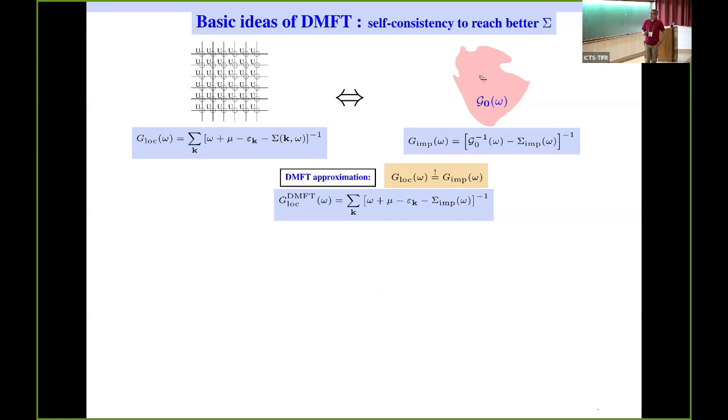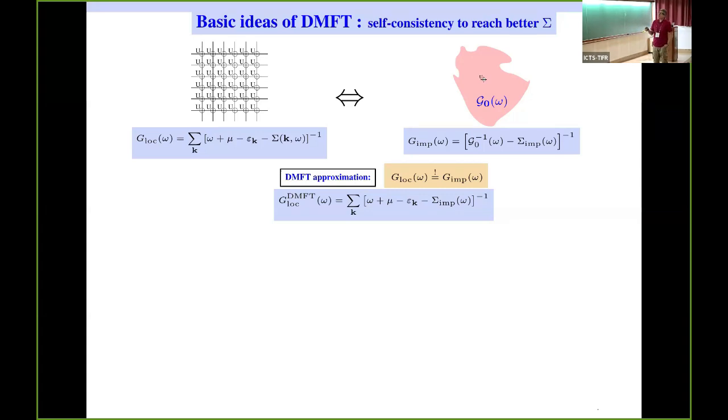Of course, in the end, I want to use this impurity construction as a consistent mapping to my original lattice problem, where I have a U on each site. So those should be more or less describing the same kind of self-energy. Just as in the DFT world, the density of electrons should be the same in the Kohn-Sham system and in the original system. Whereas here we focus on the self-energy.